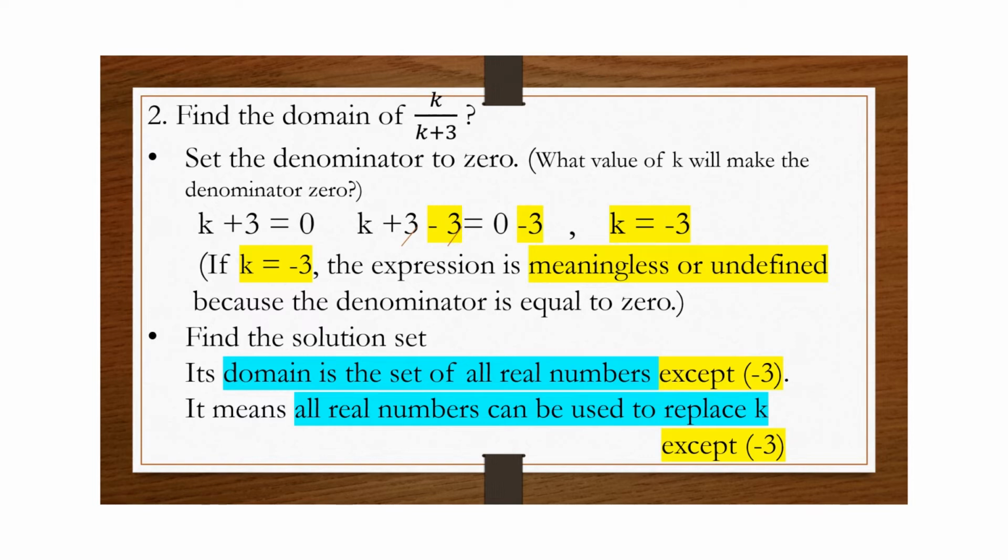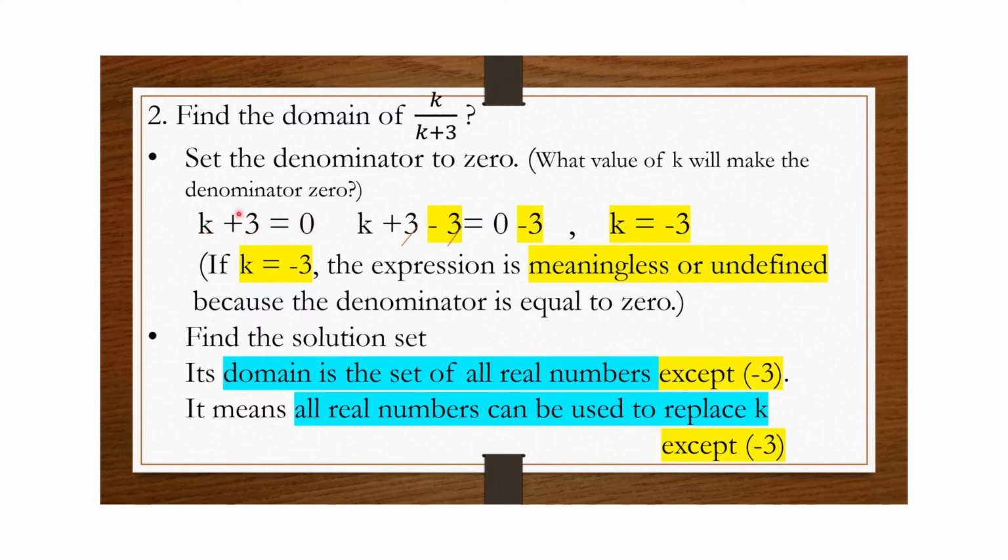And to answer that, we will solve the equation. k plus 3, sulat na natin yon. k plus 3 equals 0. Kopyahin mo yung denominator na may variable, then equal mo yan to 0. Tapos, isosolve mo na itong equation for k.